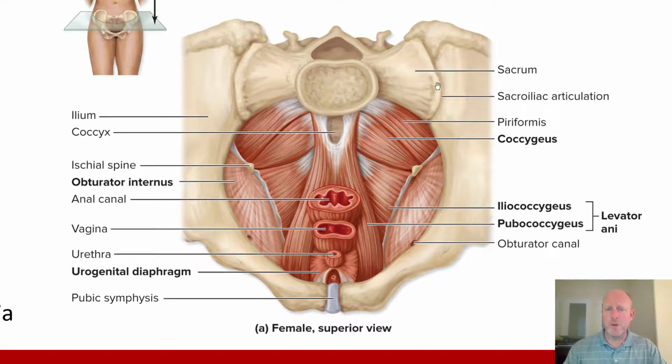We're looking from above here at the female. The piriformis. Too much is made by a lot of people from an athletic standpoint about piriformis being an end-all be-all muscle, which we'll talk about when we get more to muscles of the hip and the lower region specifically. Coccygeus, our iliococcygeus, and then we have our pubococcygeus here, and the obturator canal once again here.